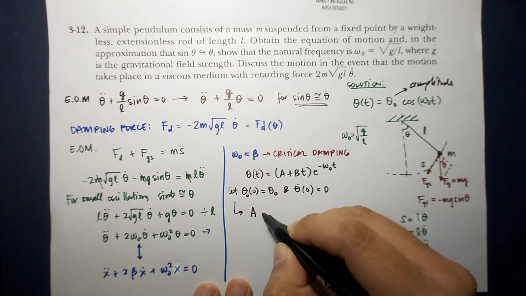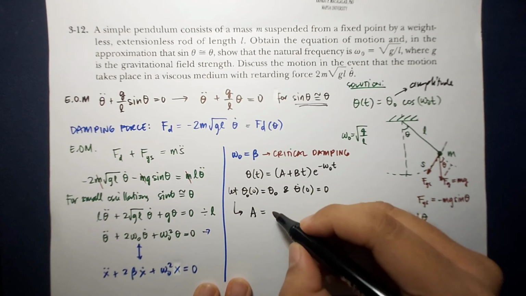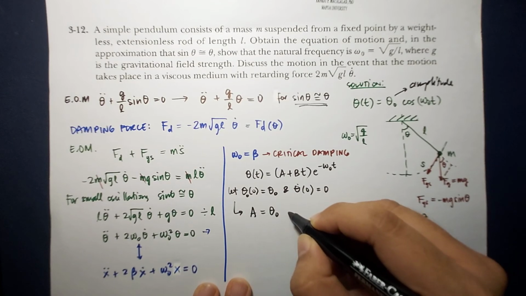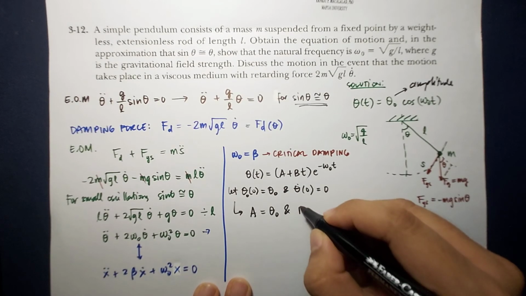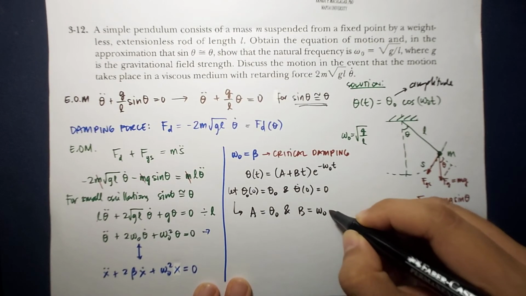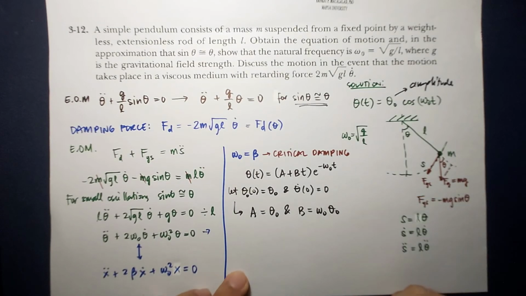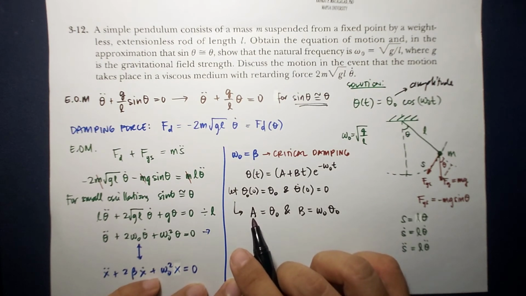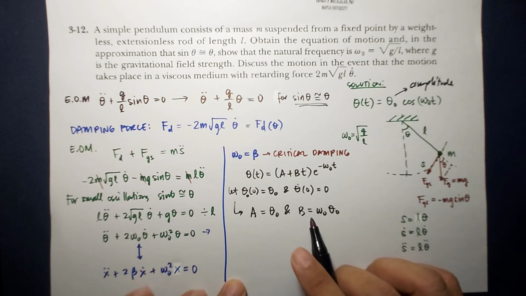You can do this on your own time. A is equal to theta naught and B is equal to omega naught theta naught. You can refer to your notes later if you want, but these are the resulting expressions for your coefficients A and B.